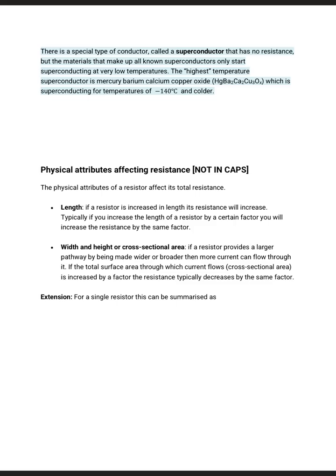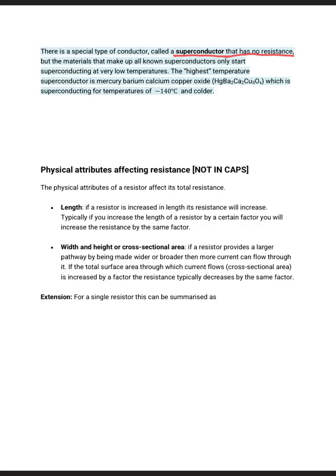There is a special type of conductor called a superconductor. A superconductor has no resistance. But the materials that make up all known superconductors only start superconducting at very low temperatures.